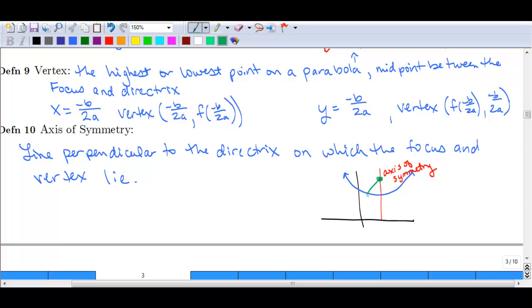It would be a distance to a point, and then that same distance down would get you to the directrix. So again, that distance from the focus to the parabola line and from the parabola line down to the directrix has to be the same. And then finally, we have our vertex here, which would be our lowest point in this case. And again, it's going to be halfway between the focus and the directrix.